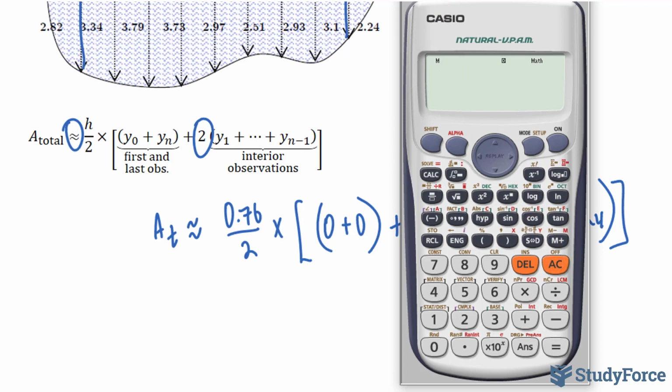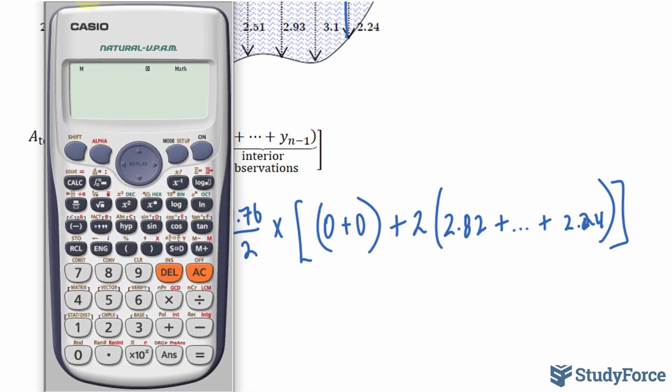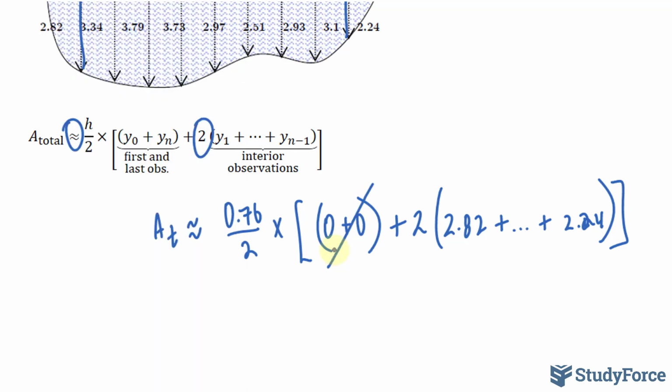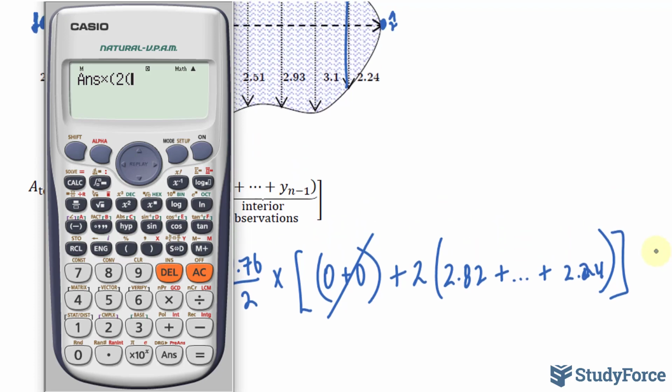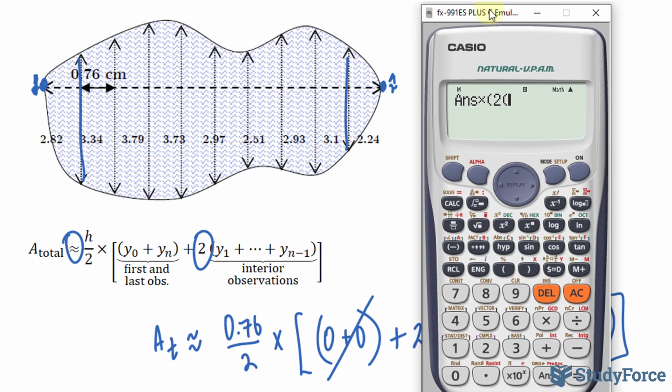Let's begin by clearing the screen. We'll take 0.76, divide by 2, multiply 2, and in brackets, 0 plus 0 is 0, so we can just ignore this part. And that gets added to 2 times all those interior observations that we had measured earlier.